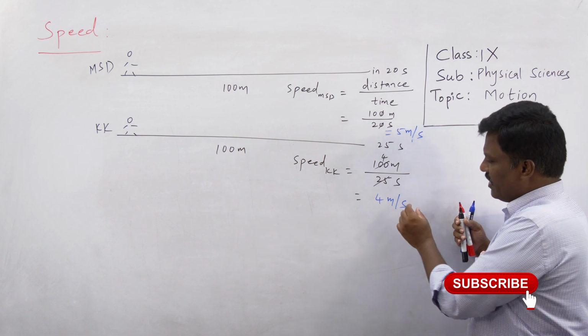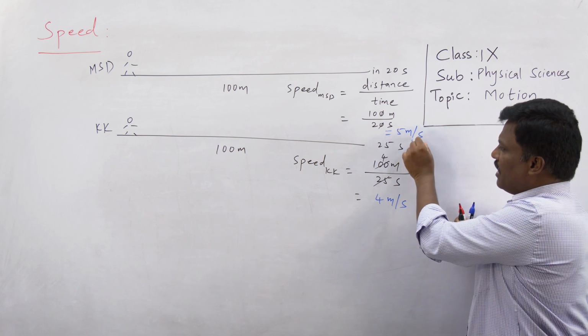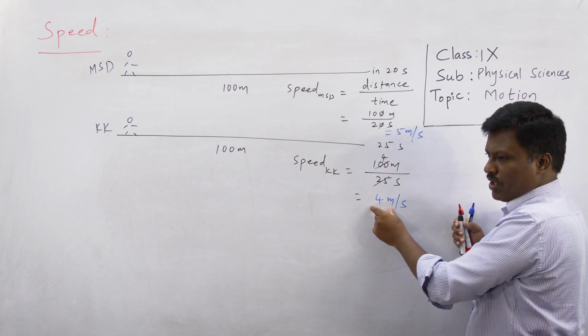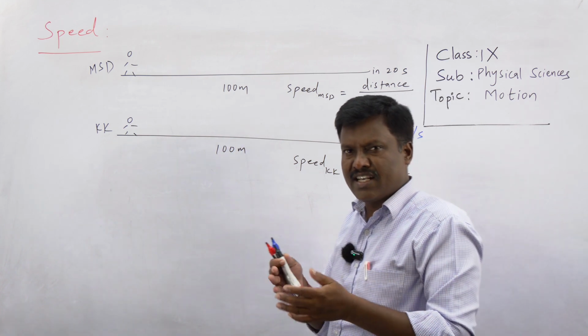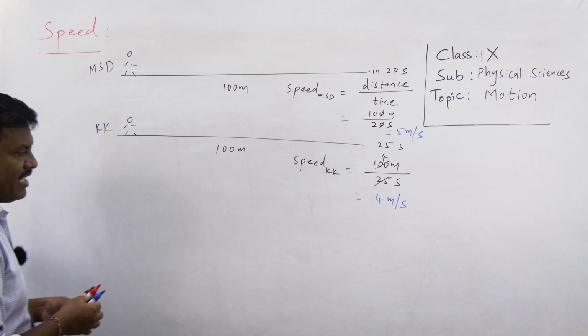Yes. See, here we have taken 1 second. It is a unit time. With the help of this unit time, we measure the distance traveled by that object. Then we can understand which is faster and which is slower. We can compare the speed of two objects. So from this example, what can we understand?